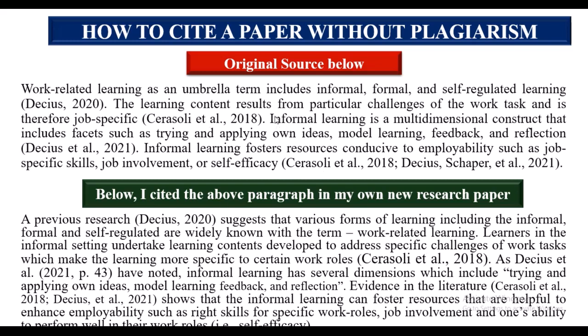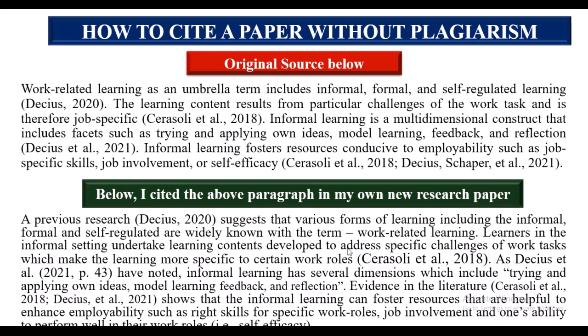Then look at the next one. Informal learning is a multi-dimensional construct that includes facets such as trying and applying own ideas, model learning, feedback, and reflection. That is according to Decisions 2021. Now look at what I have done here.